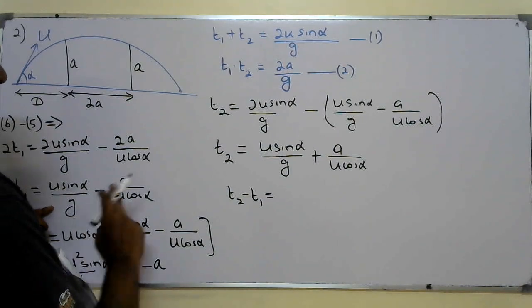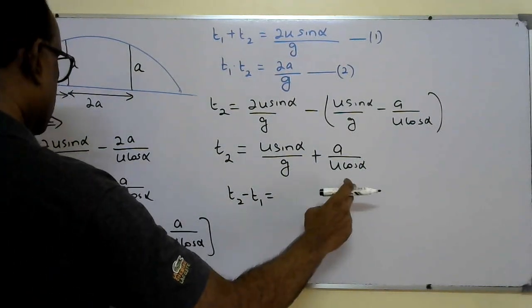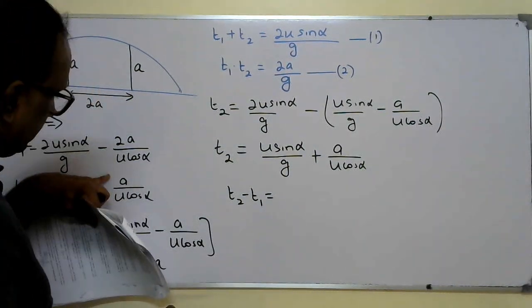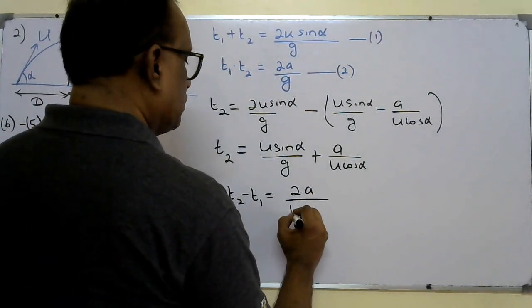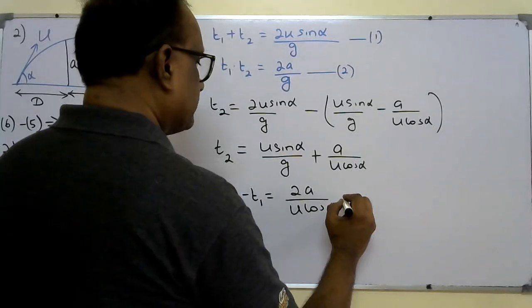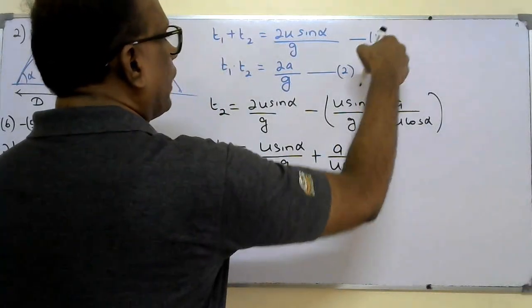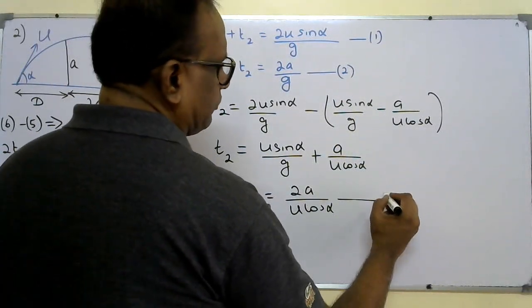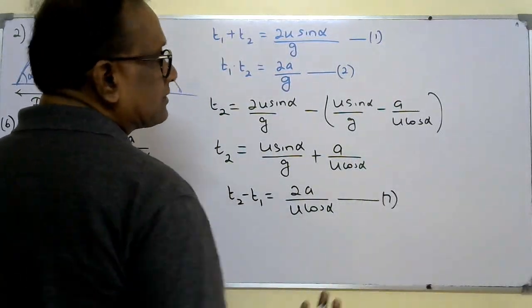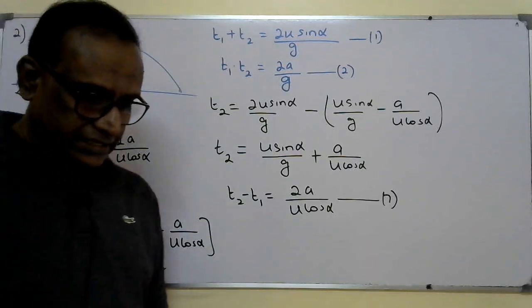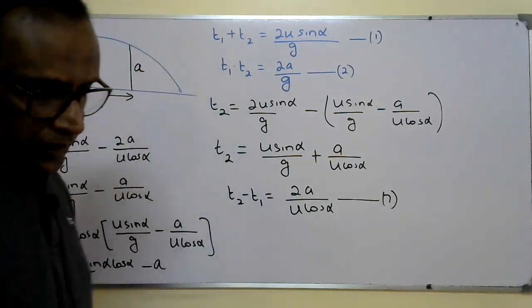So t2 minus t1 is a over u cos alpha plus a over u cos alpha, that's going to be 2a over u cos alpha. I put this as equation 7, I think, doesn't matter whatever the number. So I'm going to use only these 3 equations for the second part. I'll continue now.